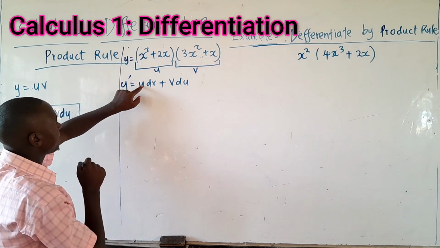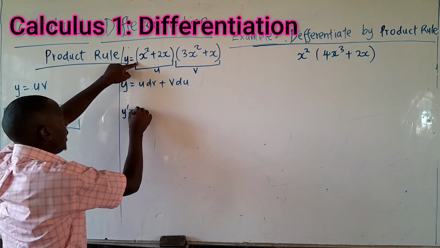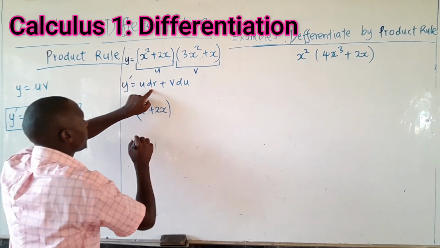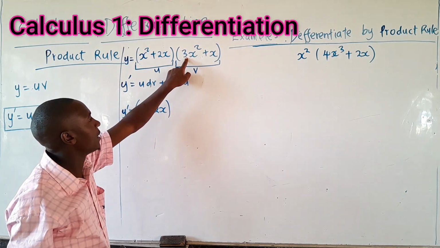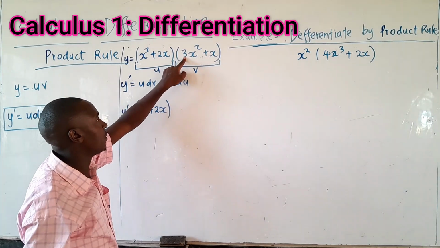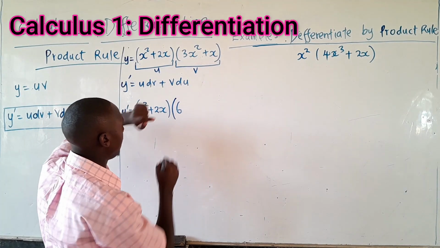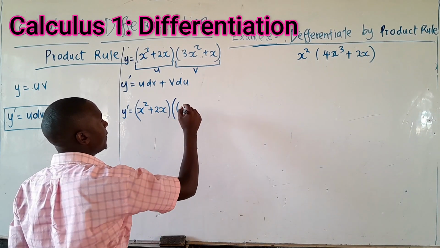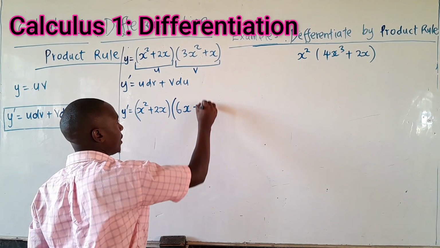So the first function is u, so y prime is going to be equal to x squared plus 2x, and we multiply that by the derivative of the second function. The derivative of the second function is 2 multiplied by 3 is 6, and then x, subtract 1 from the power, going to be 1, and then plus the derivative of x, which is 1.